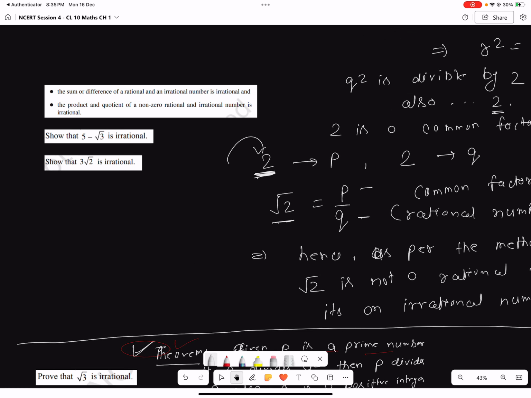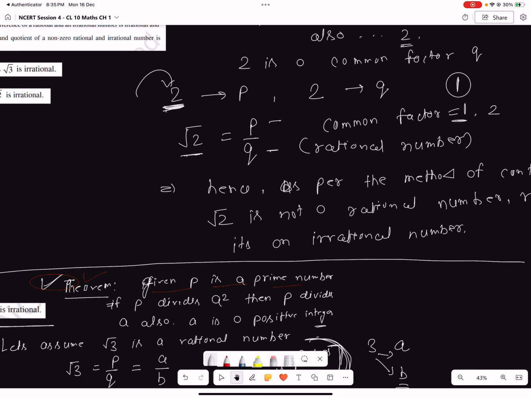All right. I wanted to cover some other questions as well and some other discussions around the sum and differences of rational and irrational numbers and what is the result and how we can prove these sort of questions. And this will all be via applying the same concept, method of contradiction and using that theorem.